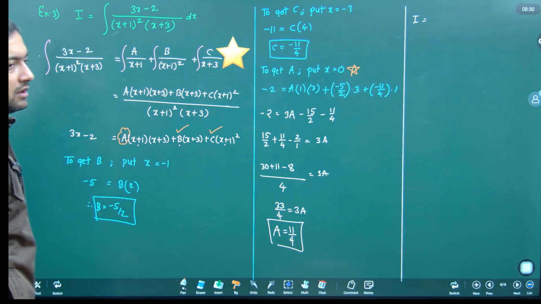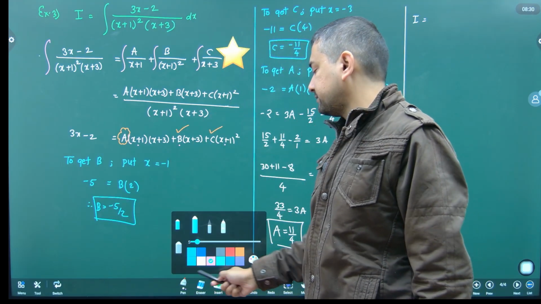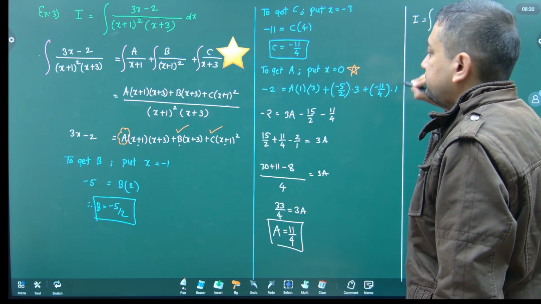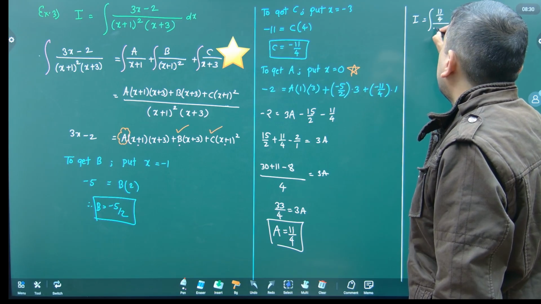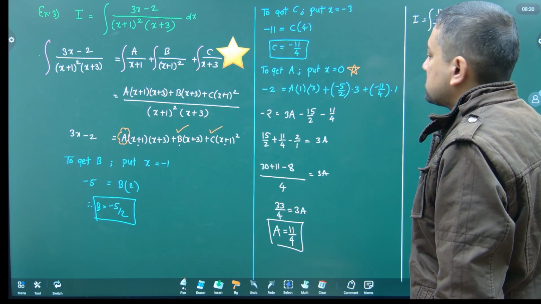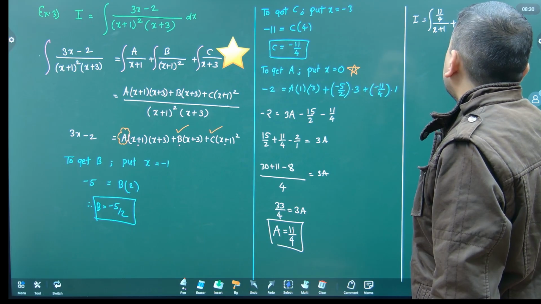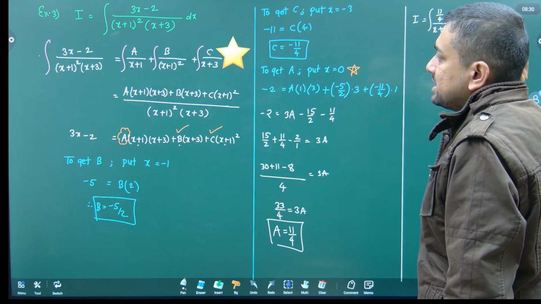Is it correct? Okay. So what I am having, I is equal to, first one, A upon x plus 1. What is A? 11 by 4 upon x plus 1, plus B upon (x plus 2) square. What is B? (x plus 1) bracket square, plus C upon x plus 3.